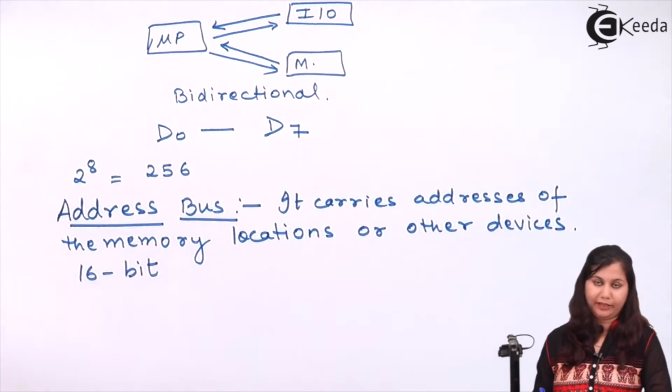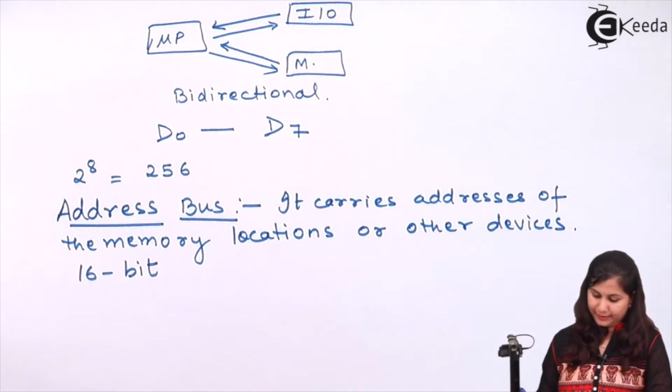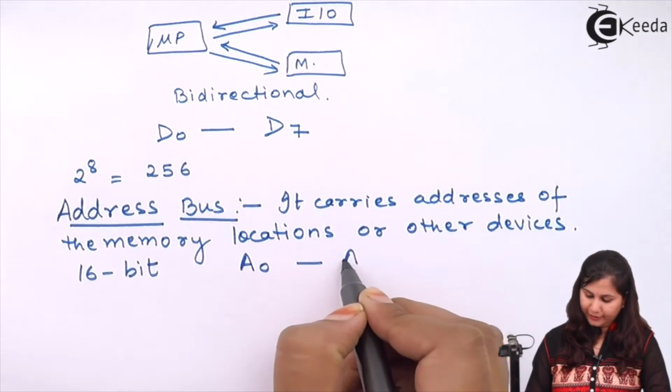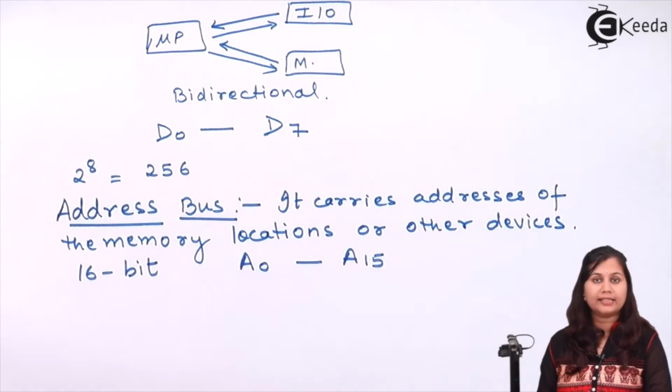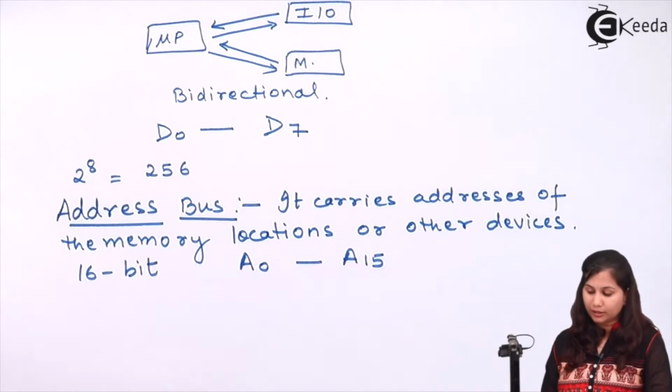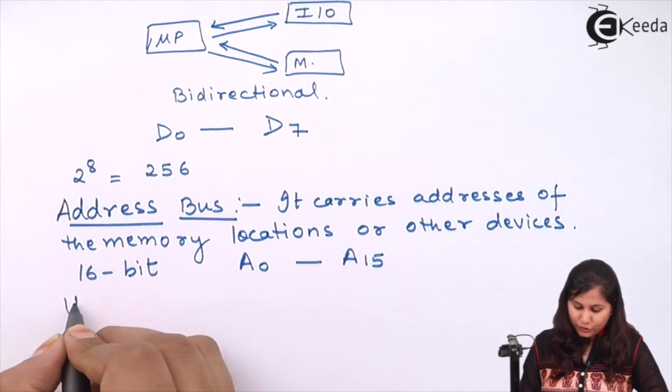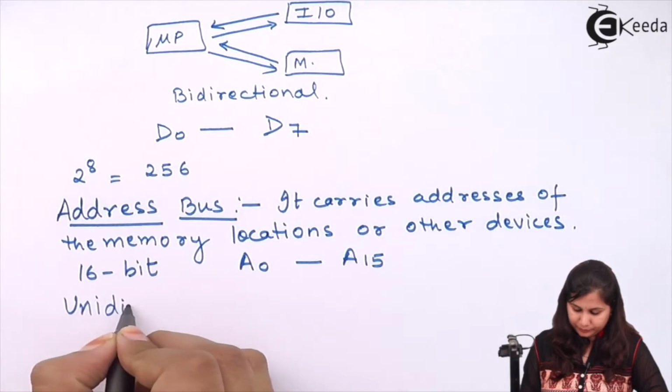The 8085 has a 16-bit address bus, which is like starting from A0 to A15. These are the 16 bits of the address bus. A is for the address, and this is unidirectional.